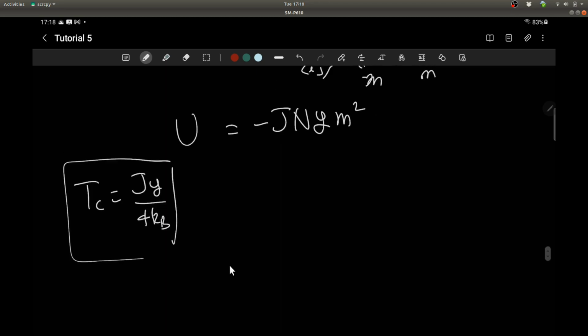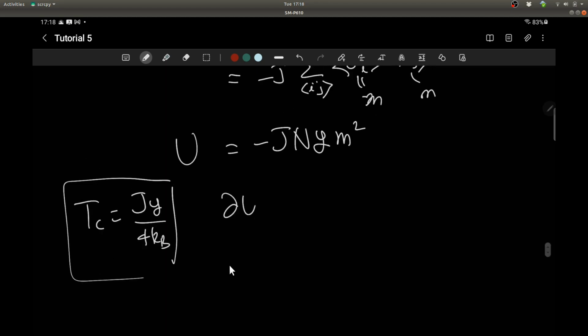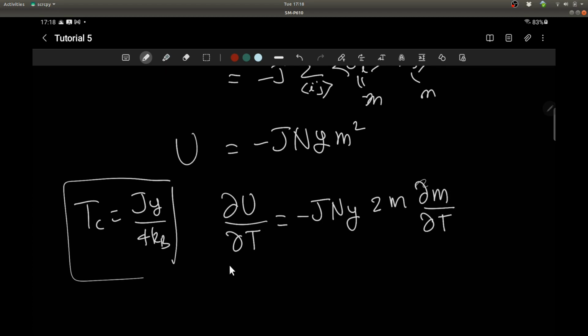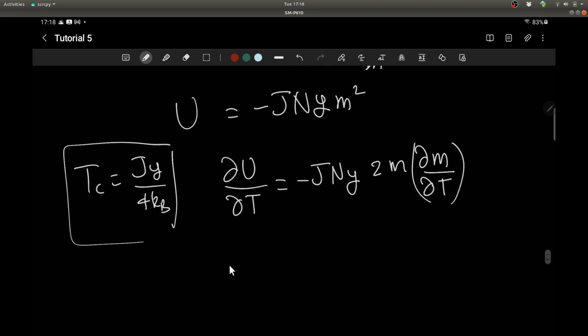Okay. So what is it we want to compute? We want to compute dU by dT now. And this will be equal to minus, let's leave all these things, N y times 2m dm by dT. Actually we had worked this out in class, didn't we? First thing is that for T greater than Tc, m is 0, dm by dT is also 0, so C equals 0.